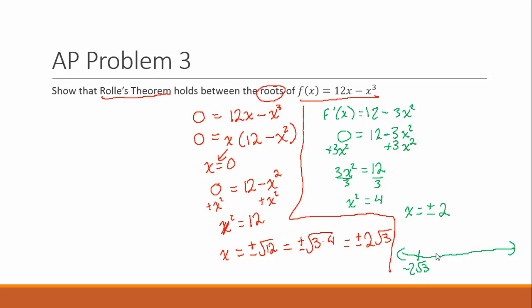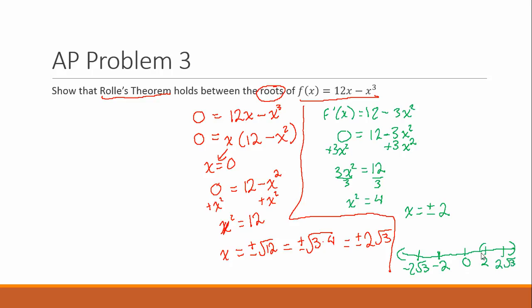And then between those two, you would see negative 2. And the reason negative 2 root 3 is further along the number line is because root 3 is bigger than 1. And then here we'll have 0. Then after that would come 2. Then after that would come 2 root 3.